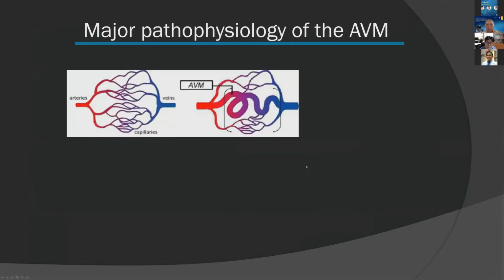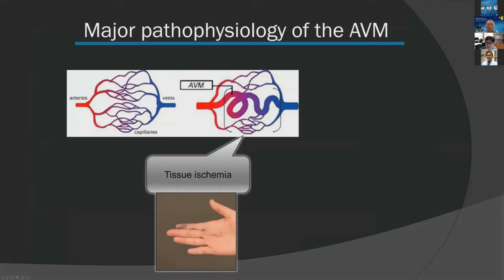This slide shows a major pathophysiology of the AVM. If the arteriovenous shunt is created in the region, then normal intervening capillary can suffer tissue ischemia because most of the blood flow goes to the low resistant shunt.